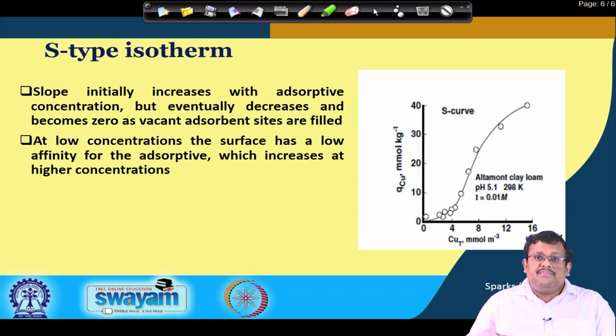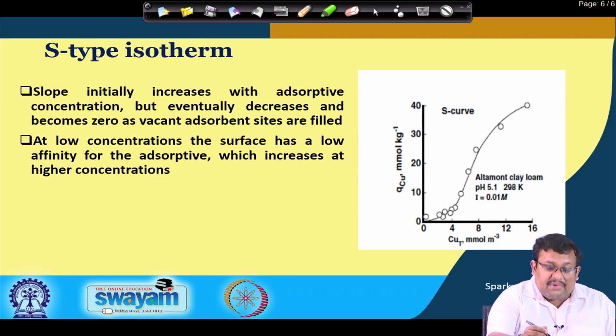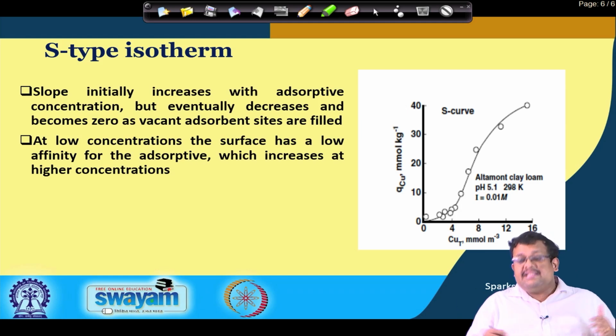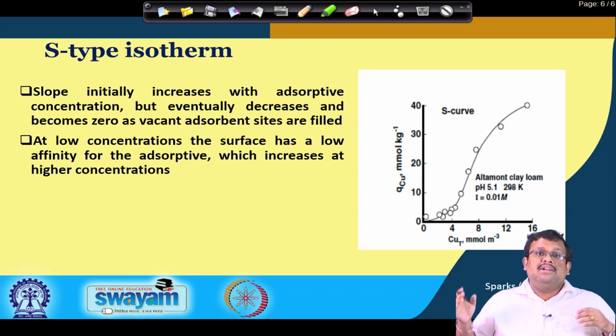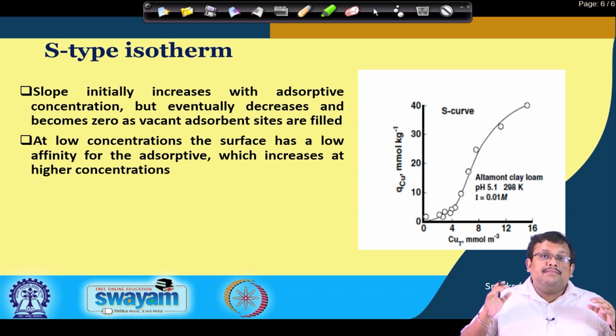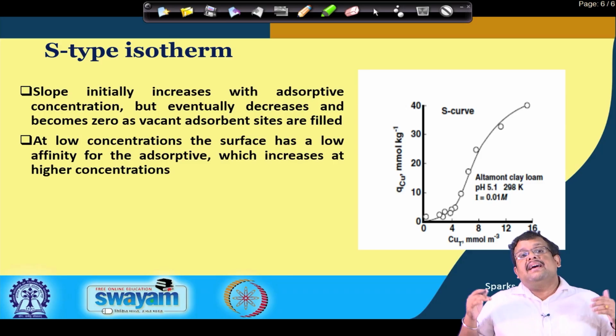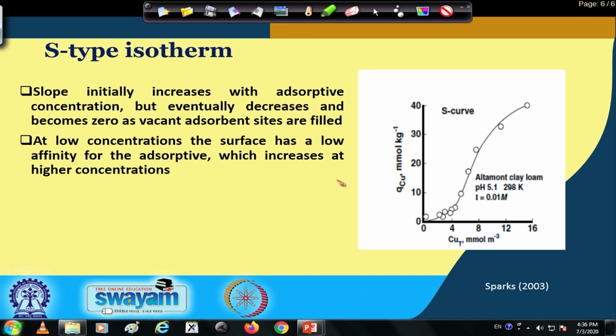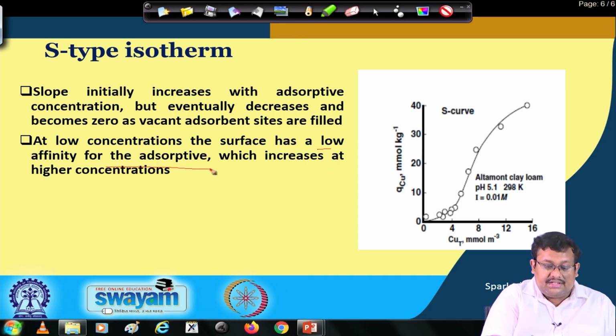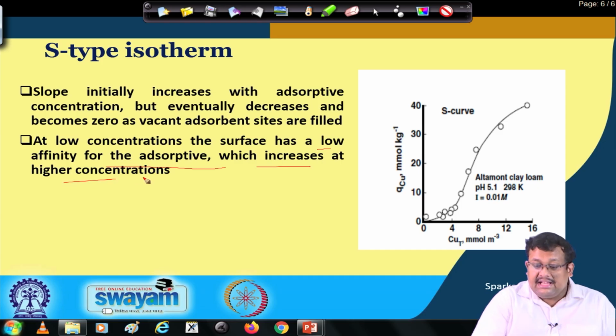Just for a quick recap, just remember that this is an S type isotherm, where the slope initially increases with the adsorptive concentration, but eventually decreases and becomes 0 as vacant adsorbent sites are filled. At low concentration, generally the surface has a low affinity for the adsorptive, which increases at the higher concentration.